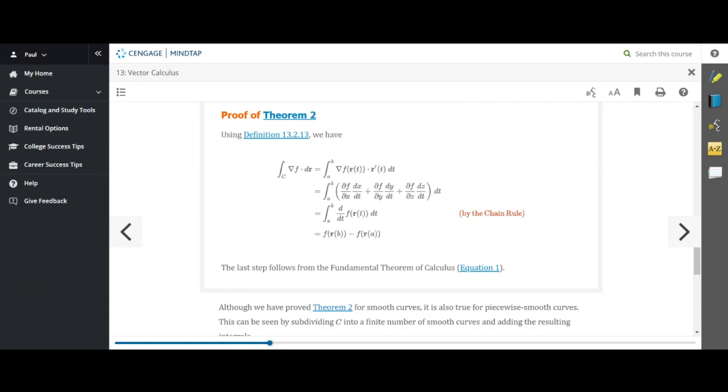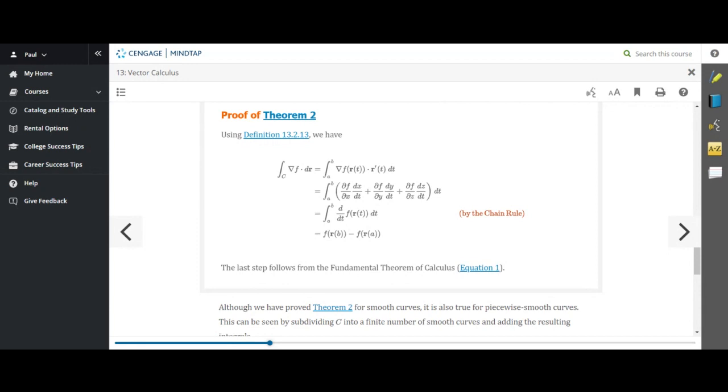Well, to go from the third step to the fourth step, we're just applying the fundamental theorem of calculus, right? And that gets us to the last step. How many think that's pretty cool, that proof? How many think that's absolutely cool? Okay, Juliana's liking it. Yeah, it's always good to know why things are true.